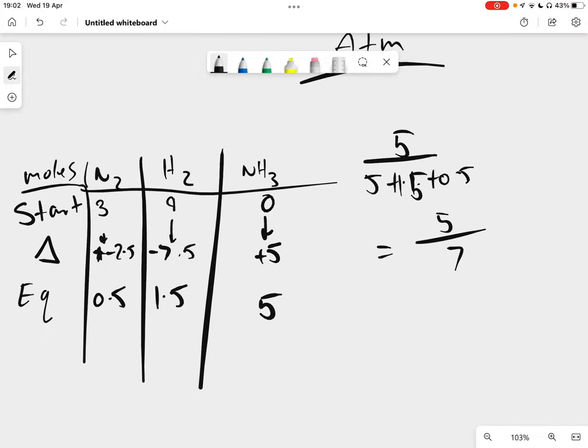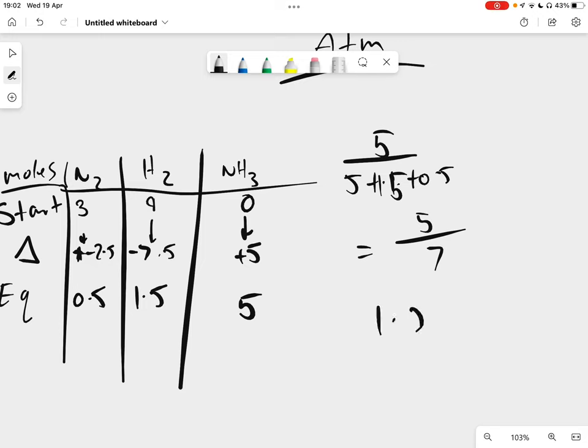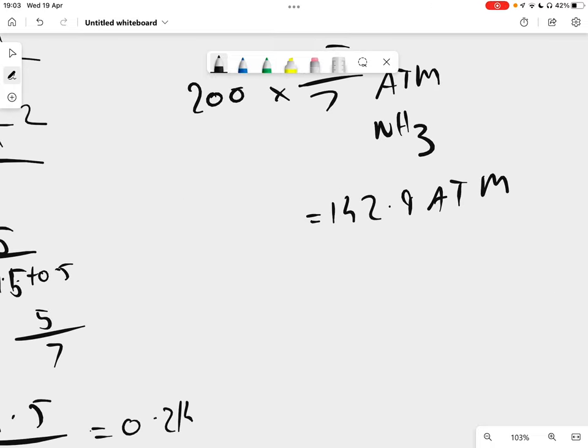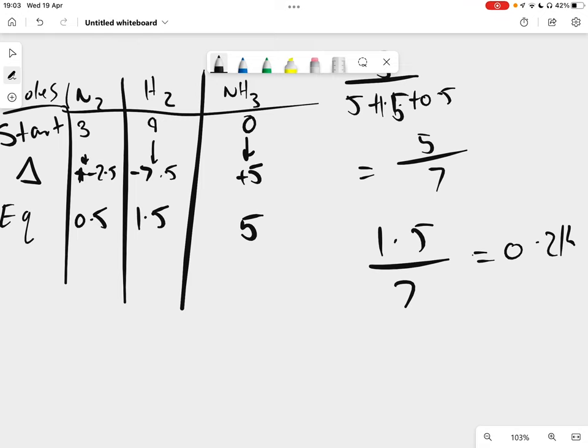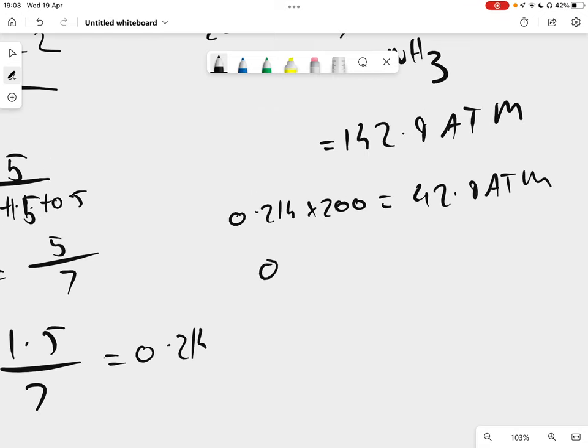Okay. And now of this one we have 1.5 over 7, which is equal to 0.214. So 0.214 equals 42.9 atmospheres. And 0.5 over 7 is 1 over 14, or 0.07 times 200.